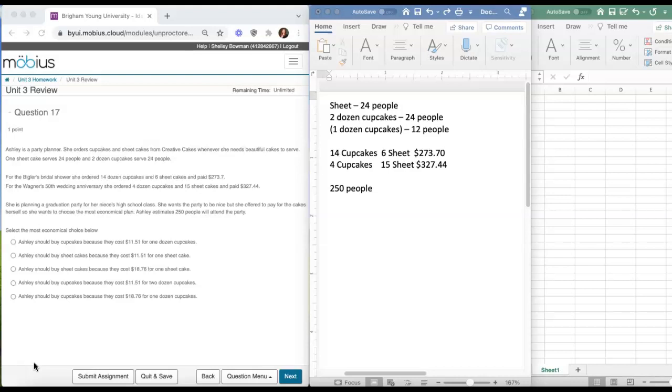As we get going, you'll notice that that last part isn't actually a necessity for answering the question. But we want to select the most economical choice for Ashley. So all I've done is write down the information here, and I'm going to copy and paste this and create our equations using C and S to help keep the cupcakes and the sheet cakes separate from each other.